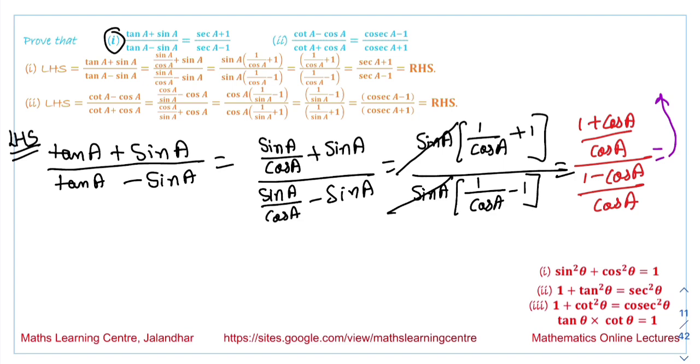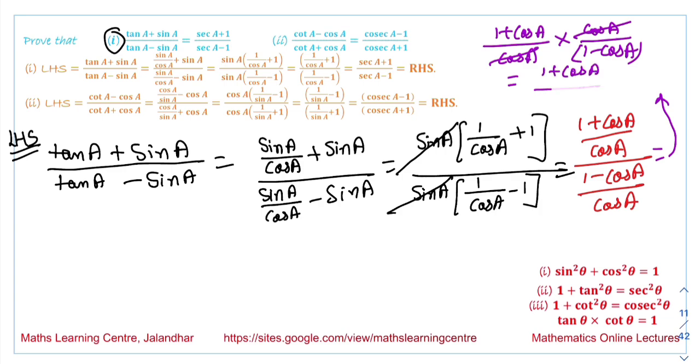Now this term is equal to 1 plus cos A over cos A into cos A over 1 minus cos A. These two get cancelled, and the answer we are getting is 1 plus cos A over 1 minus cos A. Now we multiply and divide the numerator and denominator by 1 over cos A. The answer we are left with is 1 over cos A plus 1 over 1 over cos A minus 1.